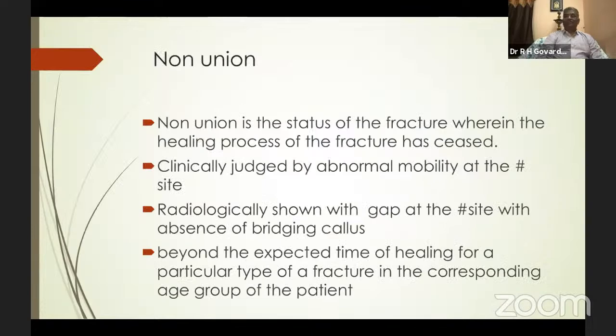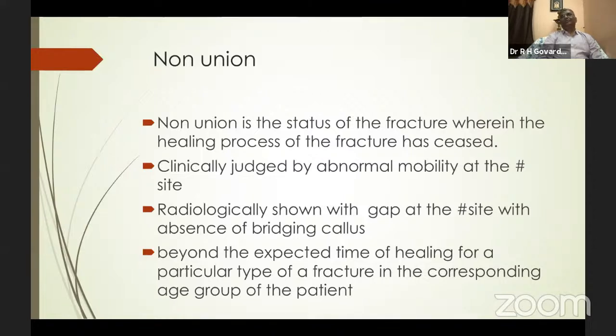Let us define what is non-union. The definition of non-union classically says that it is evidenced by painless abnormal mobility. I am always wondering why a person has to have painless abnormal mobility. Usually, if you see various types of non-union, you will find that the patient will complain definitely of pain.